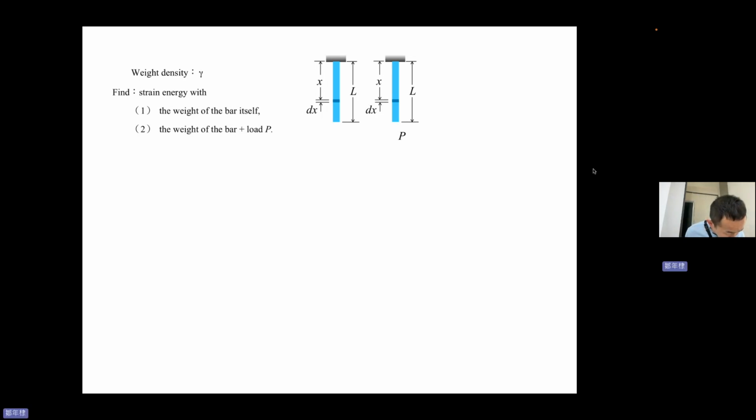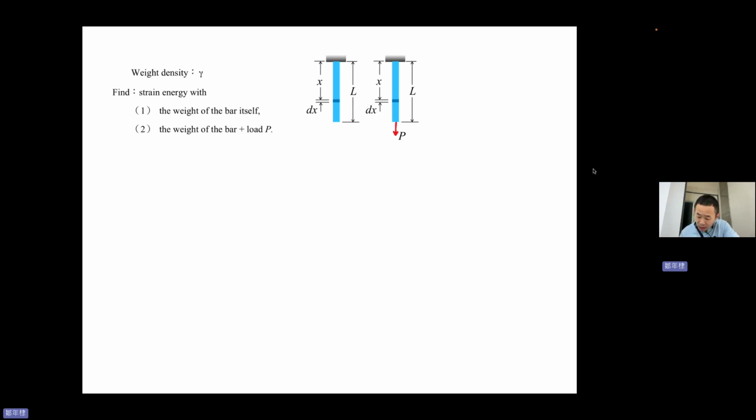Oh, okay. So here we are considering the weight density. The bar itself has weight. So this one is purely the self-weight. The second case is self-weight and the force.